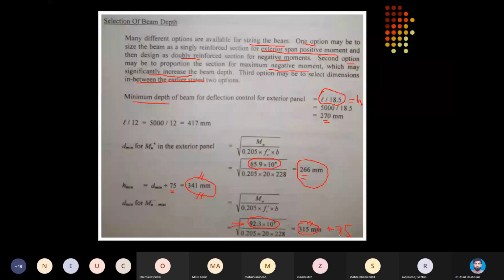Face of the first interior support or other faces, out of them higher will cover, and this steel will be designed. All interior supports, this steel will be designed, and interior spans, this steel will be designed. So in this way, 1, 2, 3, 4, and 5 sections I want to design.